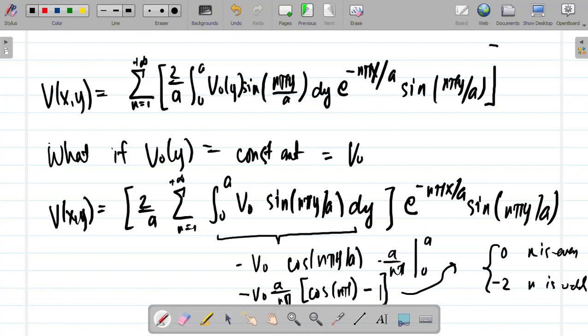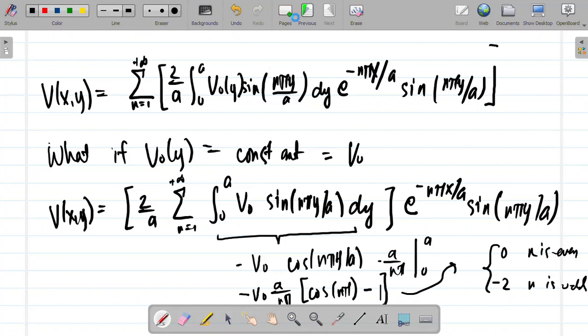Cos 4 pi, 1. Cos 6 pi, 1. 1 minus 1, 0. So, n is odd naman. Cos pi, negative 1. Cos 3 pi, negative 1. Cos 5 pi, negative 1. So, negative 1 minus 1, negative 2. Okay? So, 0 siya for even terms, then negative 2 siya for odd terms.